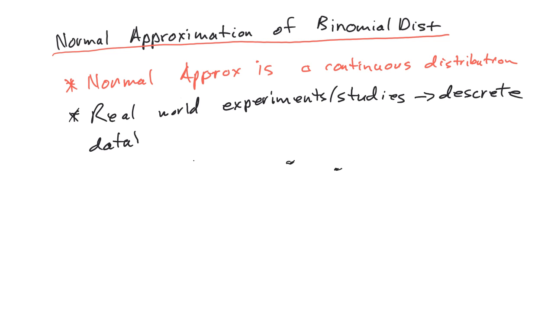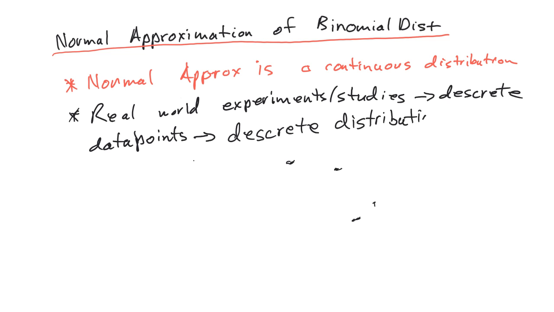Let's call it that. Which means that we have to use discrete distributions. Now, that is to be expected if you think about it, right?